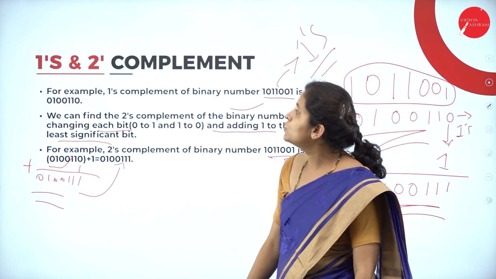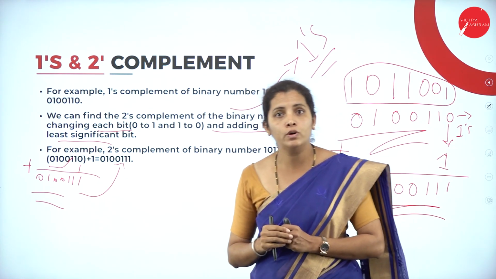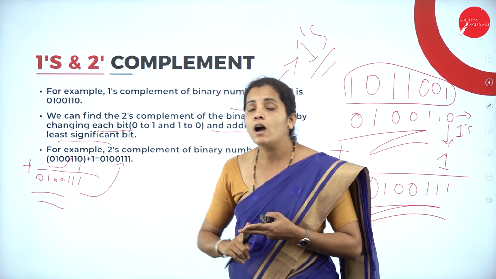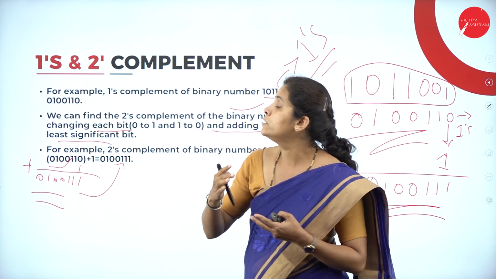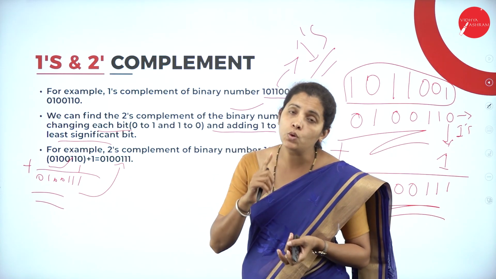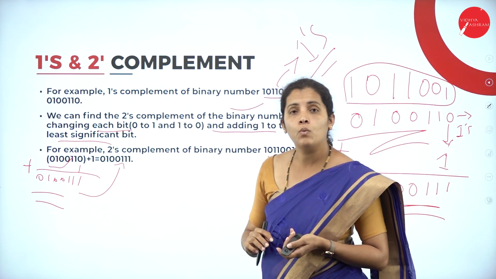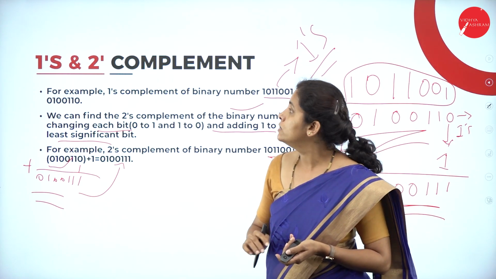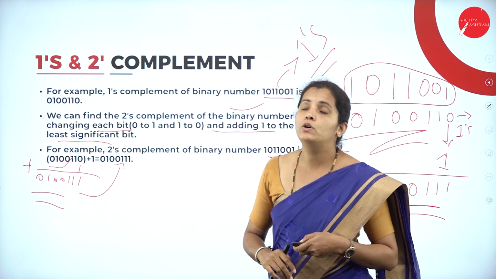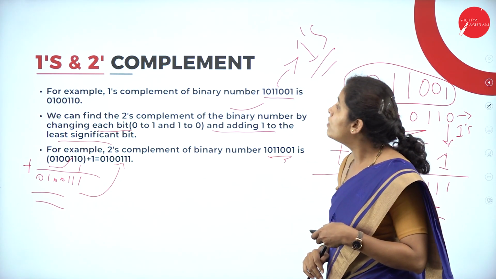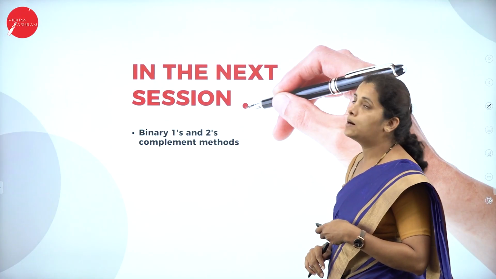It is correct. So in two's complement, what you want to do? First, you want to take the one's complement. Then, after taking the one's complement, you want to add 1 to the least significant bit of the one's complemented number. This is the way you can take the one's complement and two's complement of a given number.